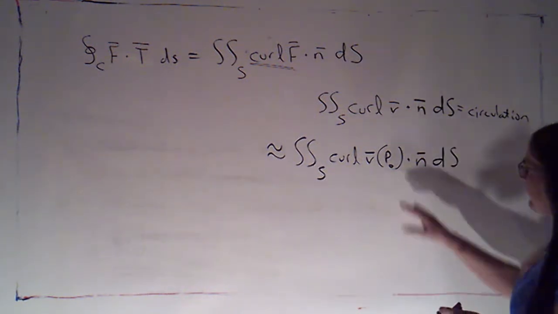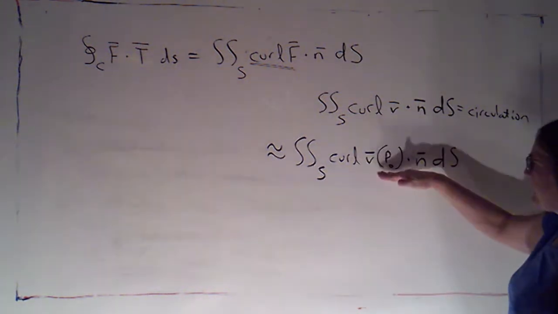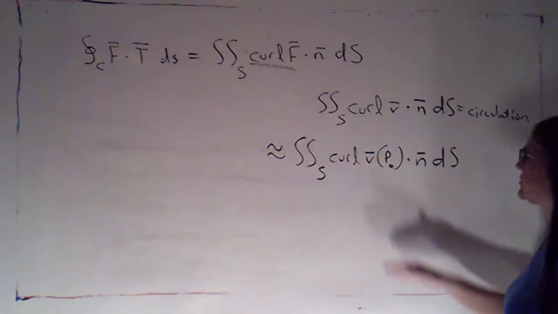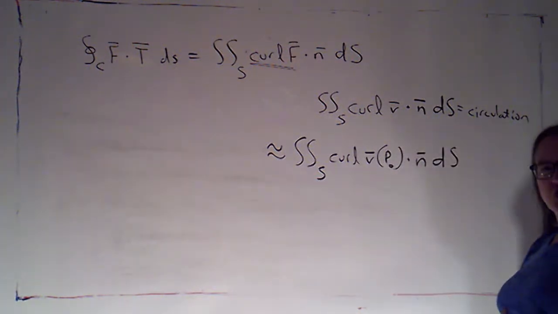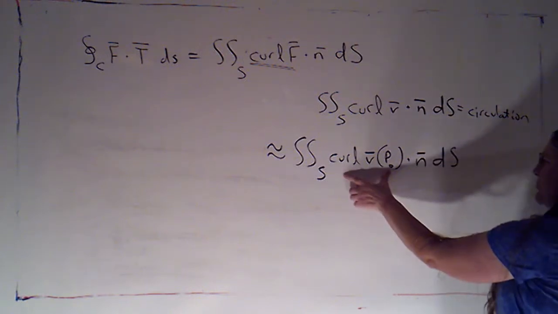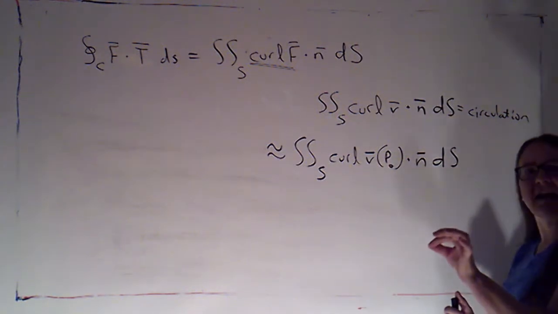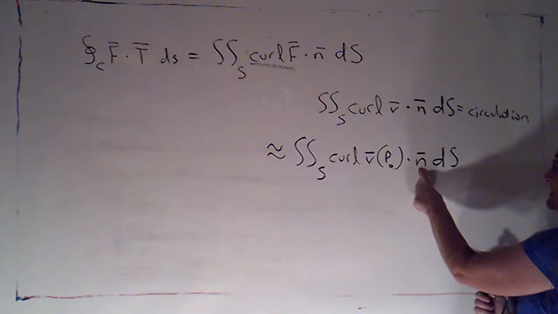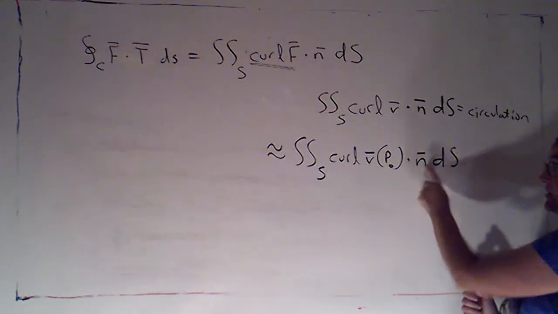Okay? So if I'm working on a small disk and curl has continuous component functions, it's not going to change too much. So it's approximately going to be the value that I have at the center. And remember, we said since we're working with a disk, n is constant.